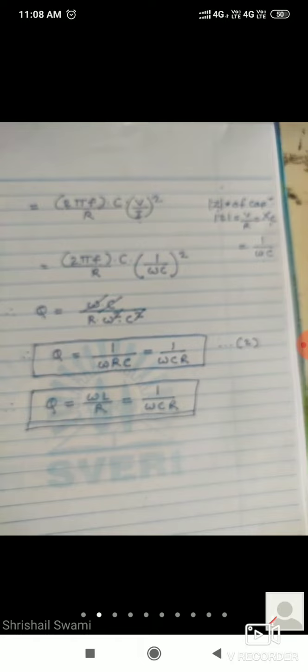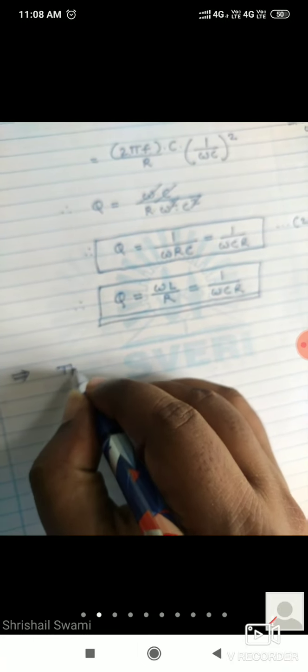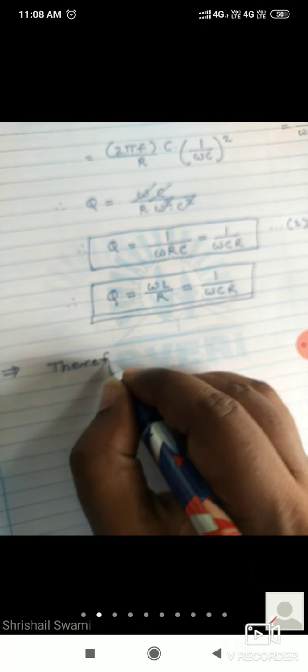First of all, we'll write the definition of the magnification. Therefore, first we will take the inductor. VL is equal to, what is the expression we got? Once again I will revise.